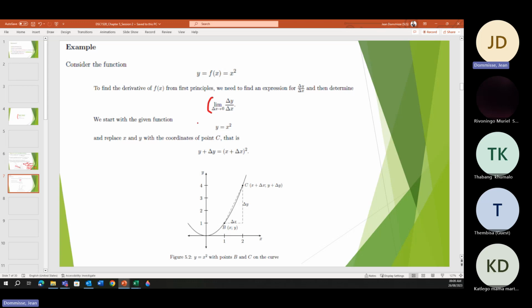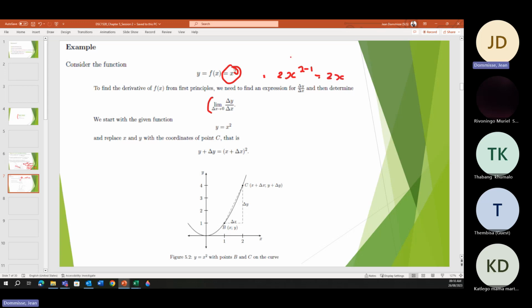You just need to know what we do when we differentiate. If you differentiate x to the power of 2, the differentiation rules state that it becomes 2 minus 1. We take the 2 to the front, and that will be your differentiated equation.